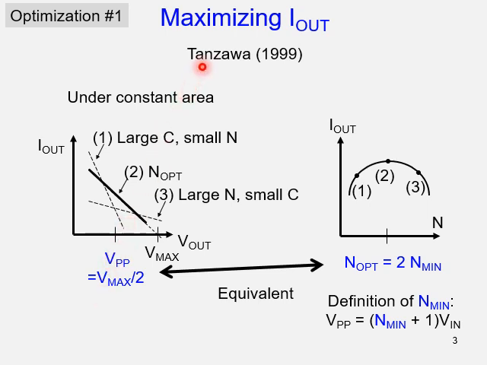And this paper provides the output. When the VPP is provided, then your charge pump must have Vmax twice as large as VPP, or in other words, the VPP must be half of Vmax.